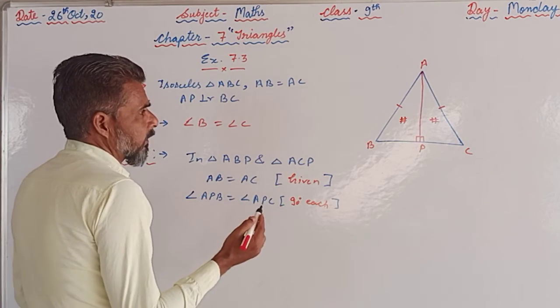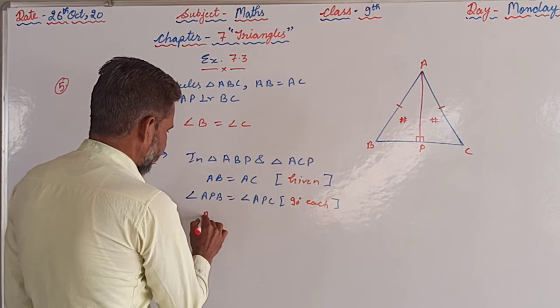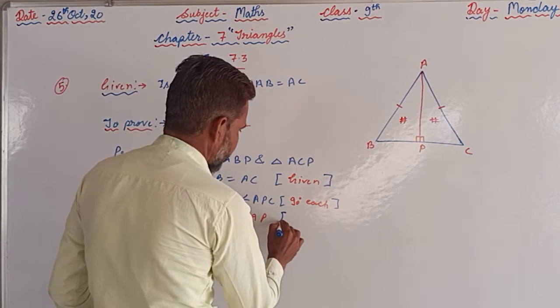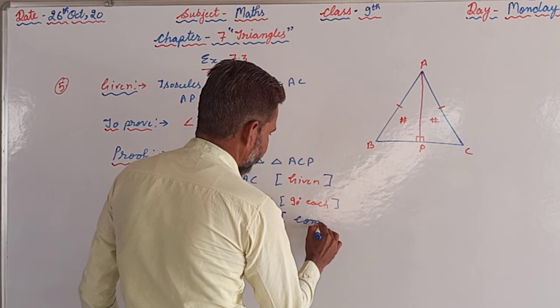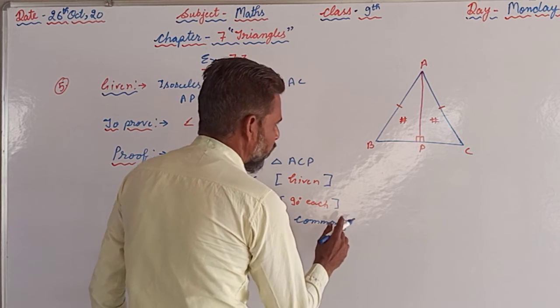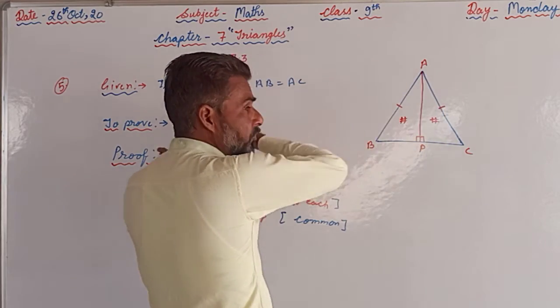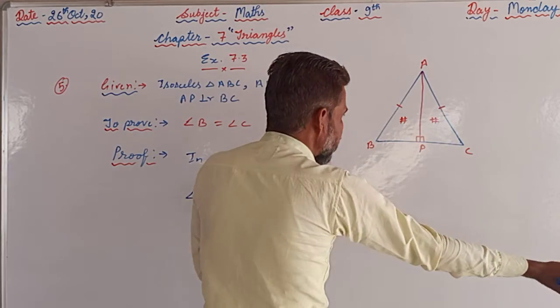Now the third thing will be AP equals AP, that is common in both the triangles. AP is the side which is included in this triangle as well as in this triangle.